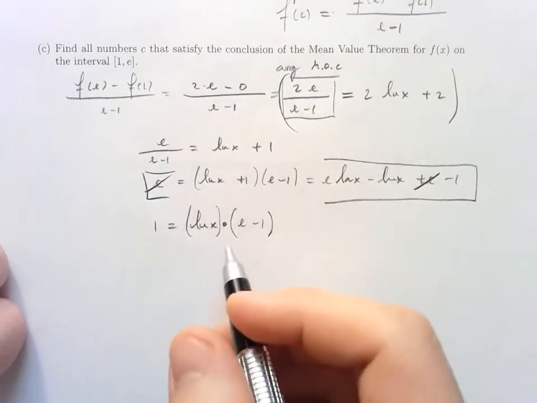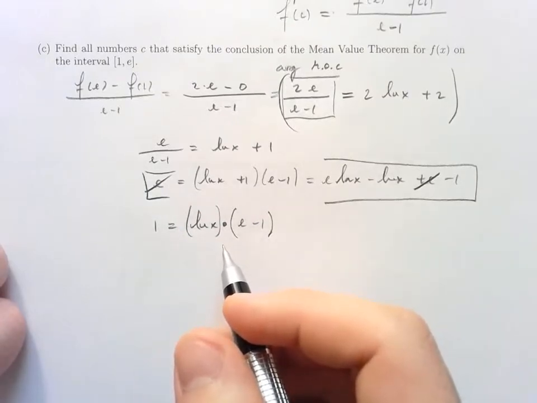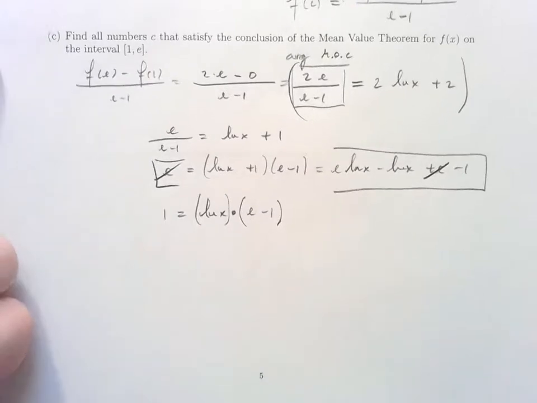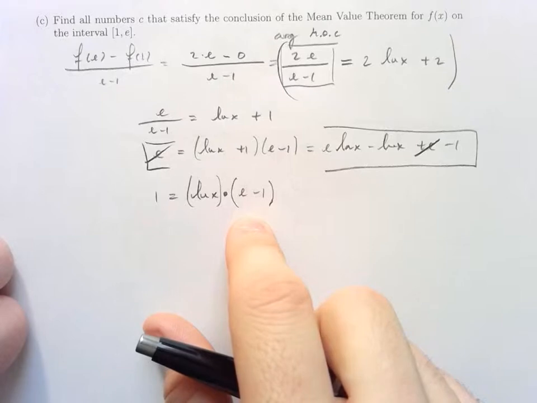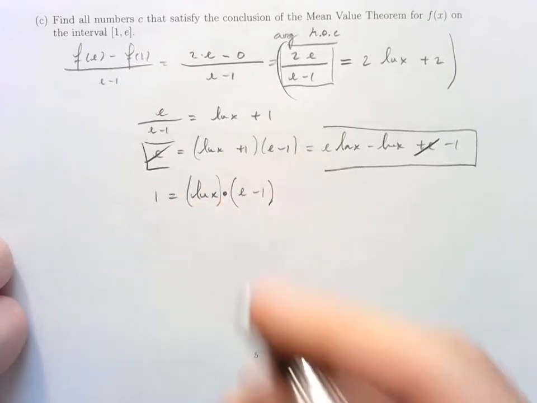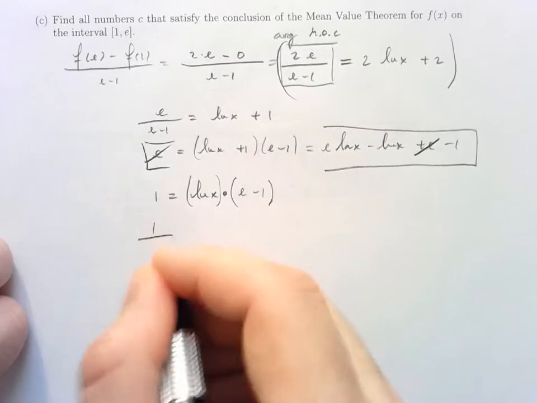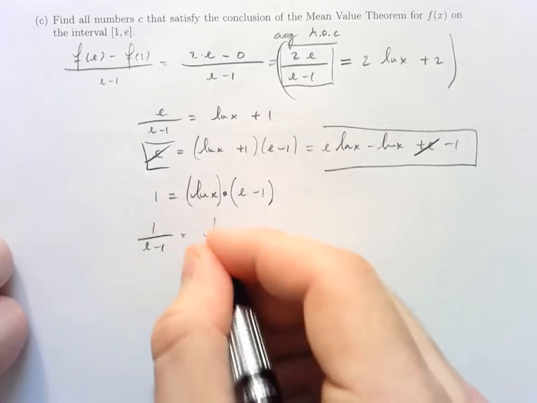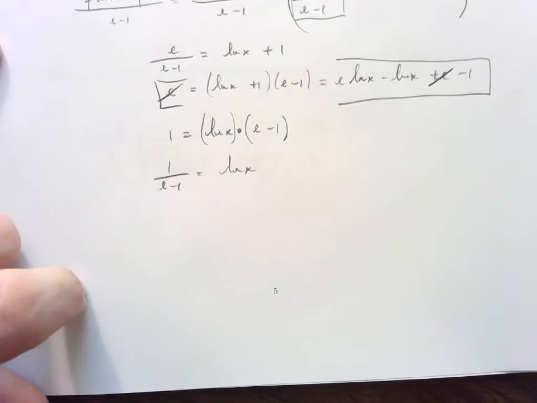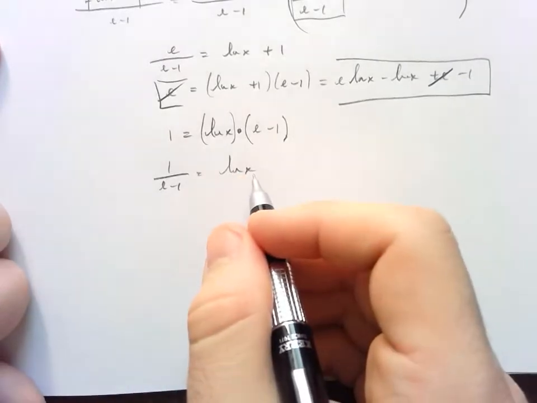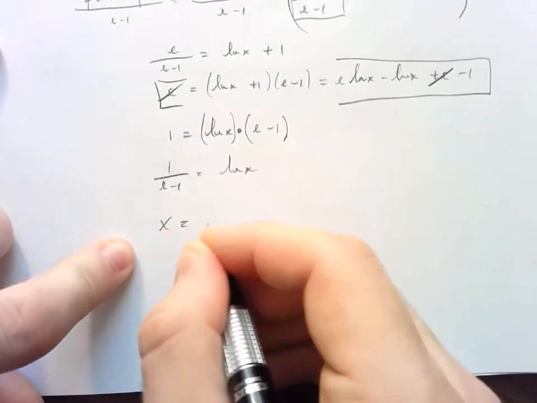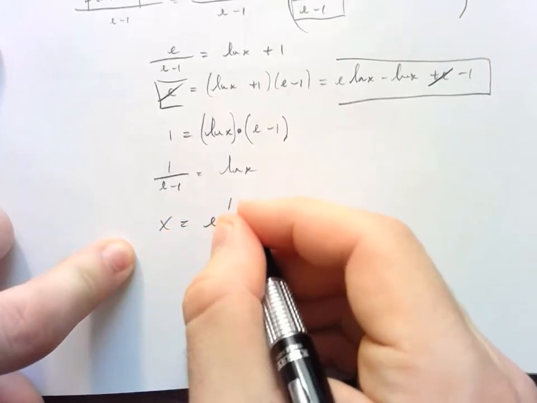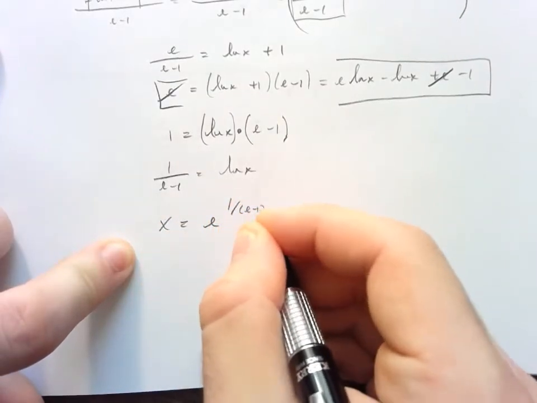And let's see, what do I want to do now? Let's go ahead and move the e minus 1 to the denominator, so I have 1 over e minus 1 equals ln x, and since I'm trying to solve for x, I'm just going to exponentiate both sides, so x is going to be e to the power 1 over e minus 1, just like so.